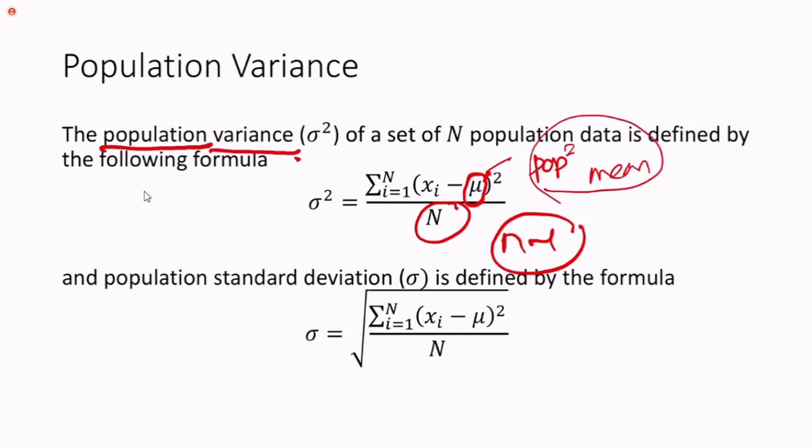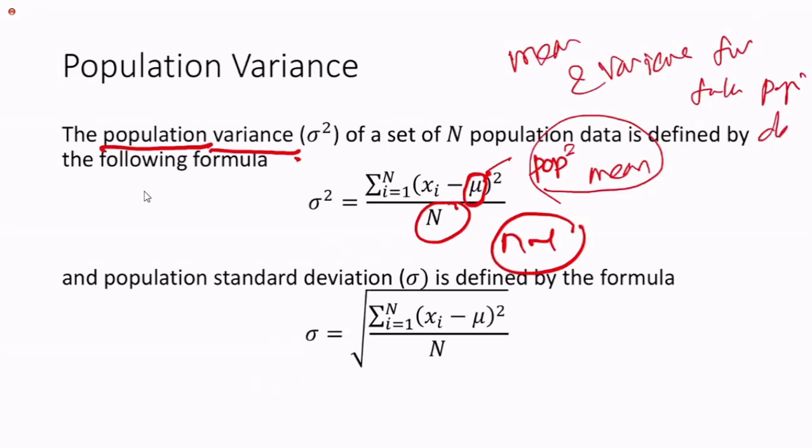Understand? So in a question, sometimes you may be asked to find the mean and variance for the following population data. Here it's not mentioned as sample mean or sample variance, but there's a hint in the instructions.